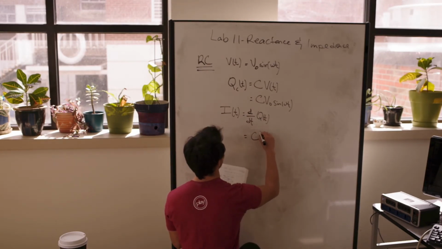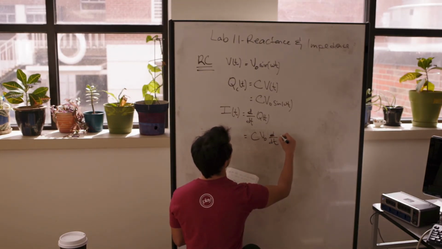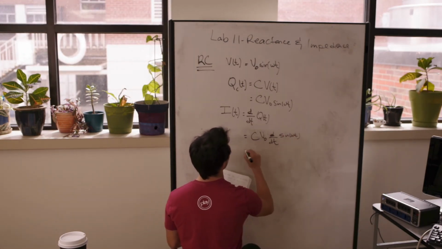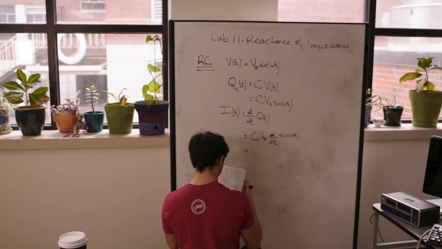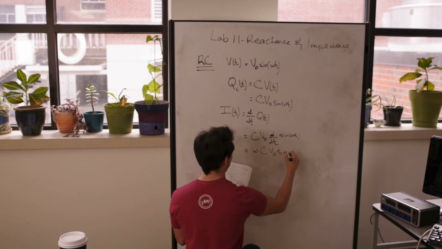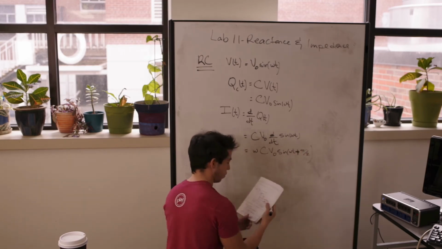C and V0 come out because they're not dependent on time. Then we have d dt of sine omega t, which again spits out an omega term, C V0, and this changes to cosine, but we can write that as sine omega t plus the quarter phase shift again.